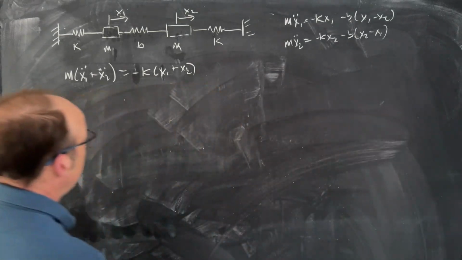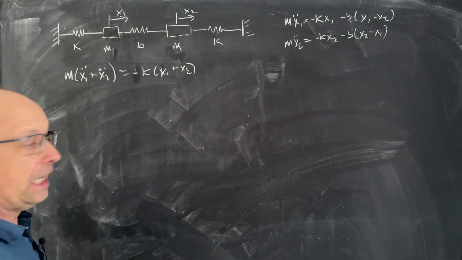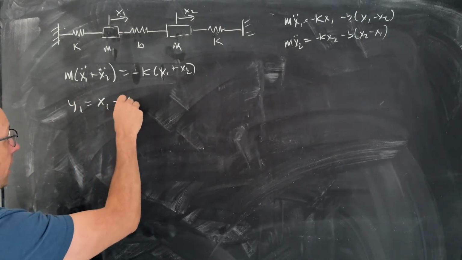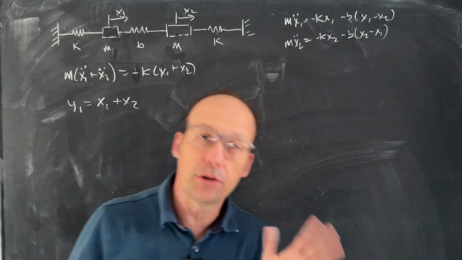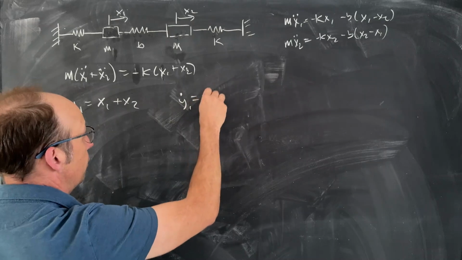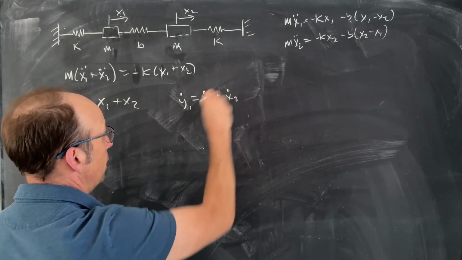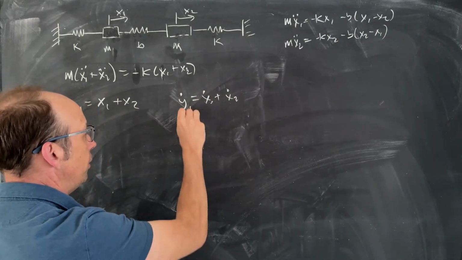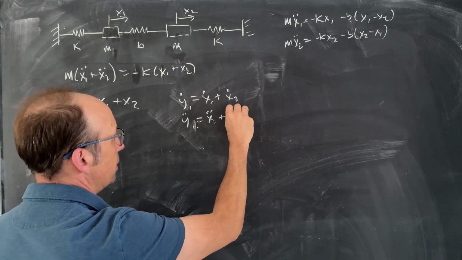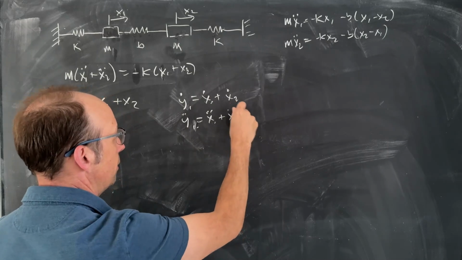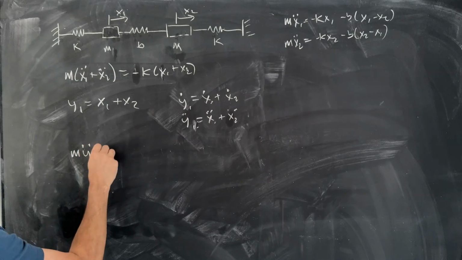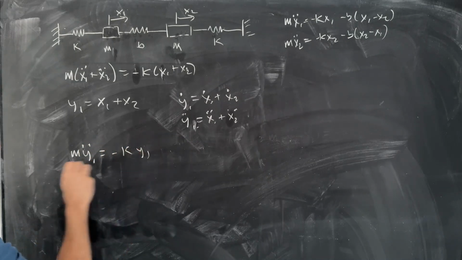Well, that looks nice. Let's just say that y1 is equal to x1 plus x2. I'm going to use a substitution. If that's the case, and I take the derivative, y1 dot is x1 dot plus x2 dot, and y1 double dot is x1 double dot plus x2 double dot. So this becomes m y1 double dot equals negative k y1.